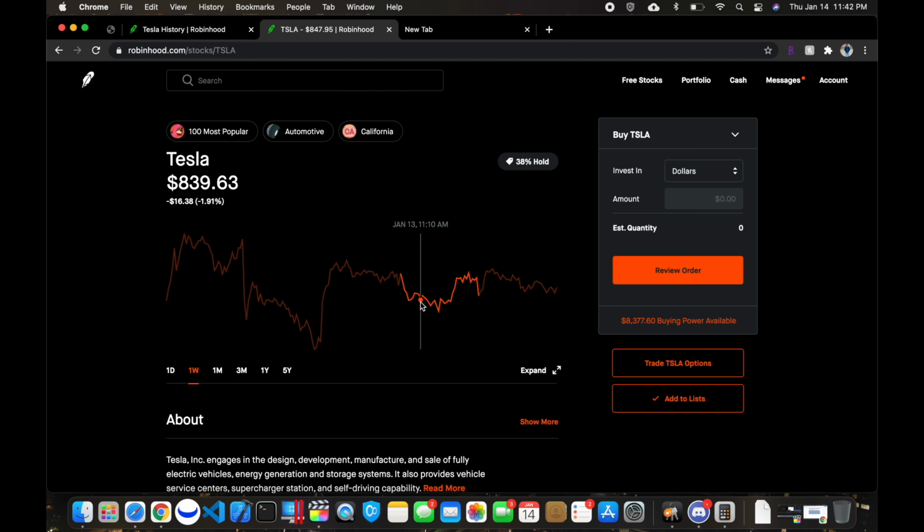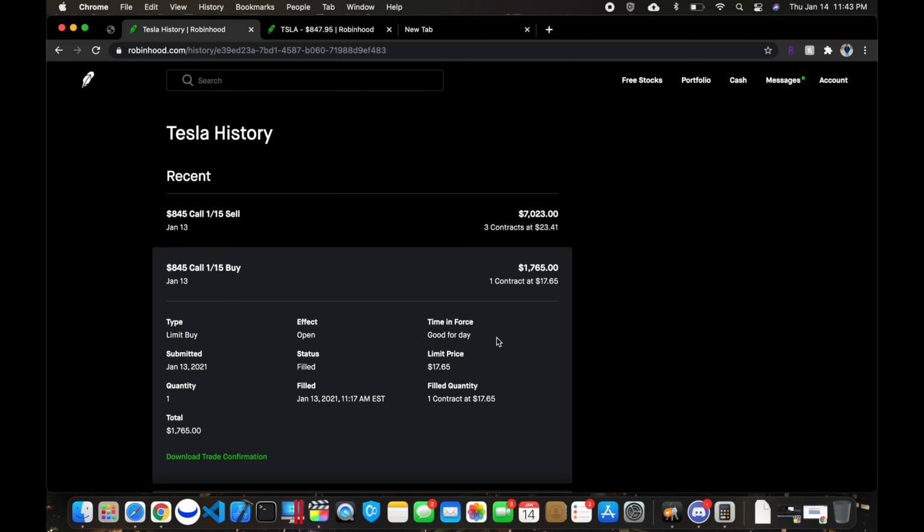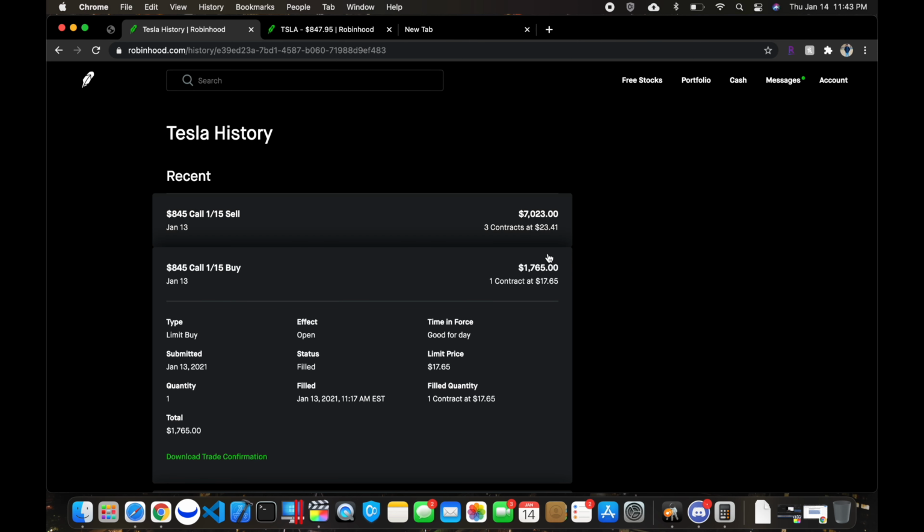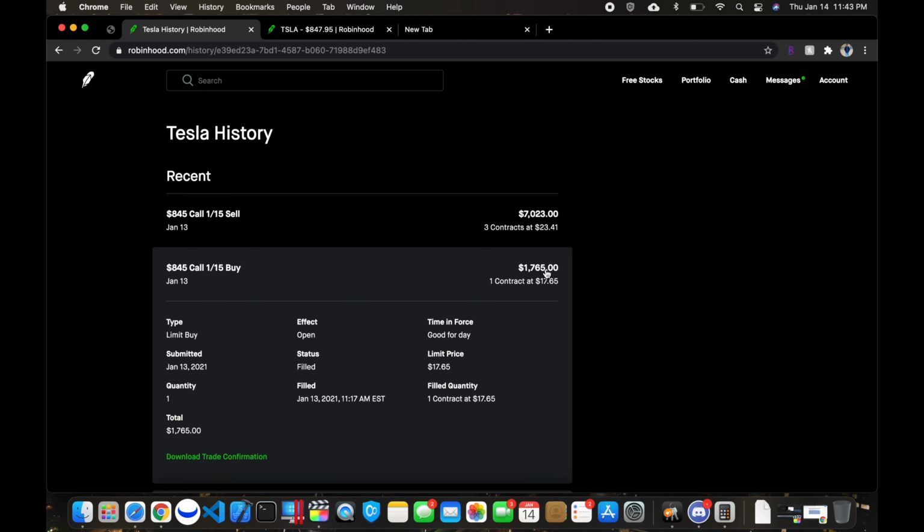I would say about $839 I caught it at, and I got filled for that one as well. I was doing trades on Tesla as I wanted to do a day trade on it, because I didn't know what would happen with Tesla, because it kept going down and down and down.